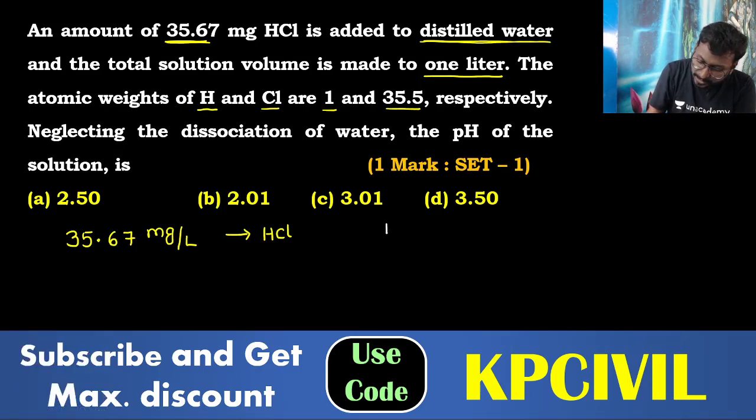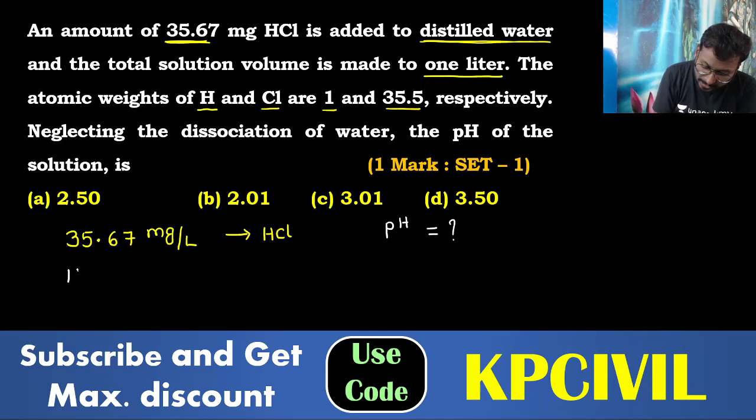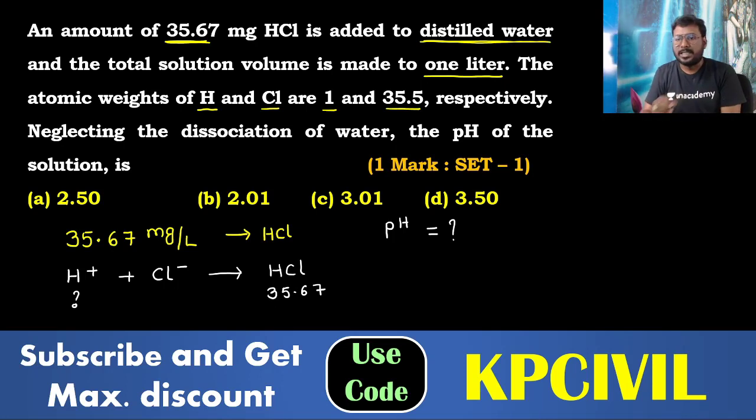You need to estimate the pH of the solution. What is pH? Now consider the chemical reaction: H plus and Cl minus gives HCl. How much HCl is present? 35.67. How much hydrogen is present? Because pH is determined by it. What is the formula for pH?